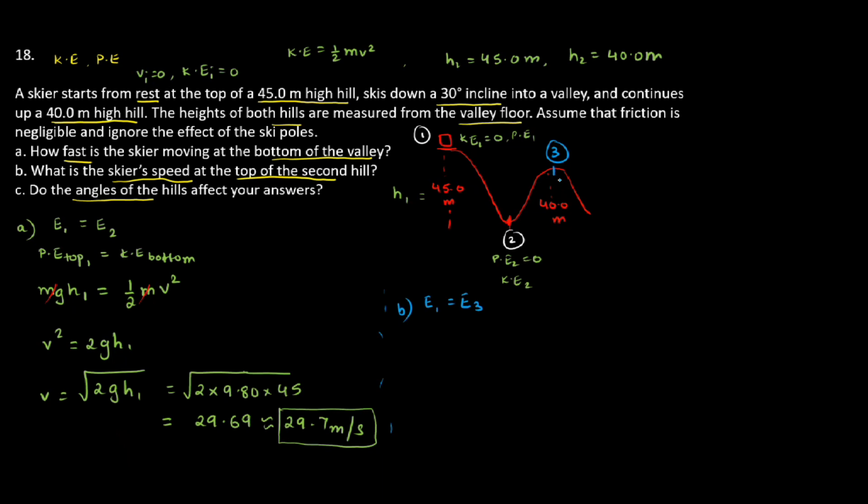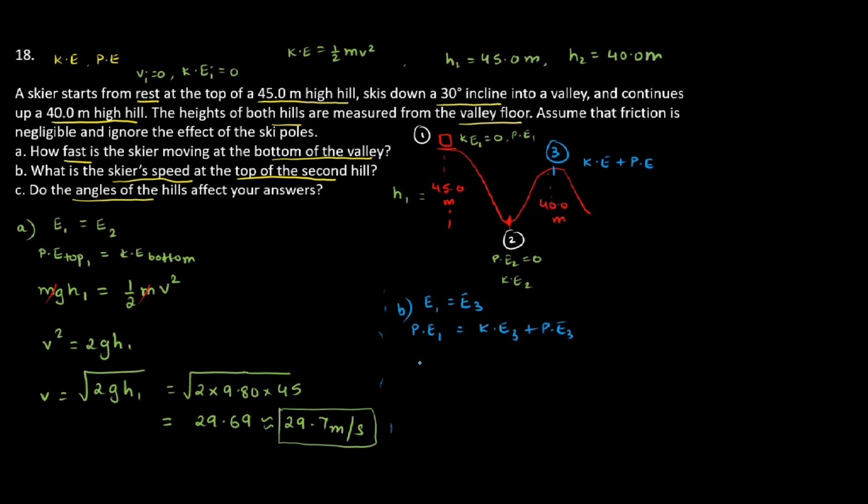So here, since it is neither the highest point nor the lowest point, it will have both kinetic energy and potential energy. So I can write the expression for E1 equals E3 as: E1 has only potential energy, PE1. E3 has both kinetic and potential.